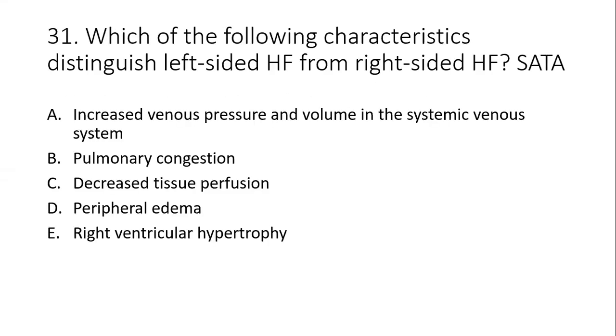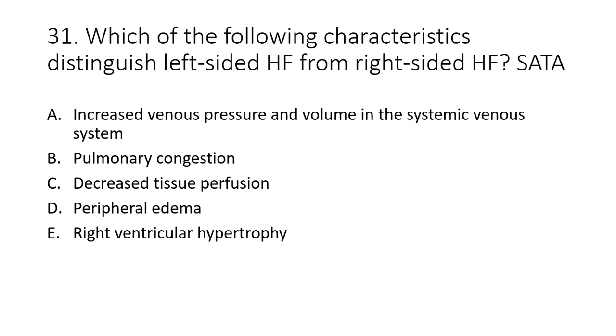Which of the following characteristics distinguish left sided heart failure from right sided heart failure? Select all that apply. So, we're really looking for the symptoms of left sided heart failure. What about increased venous pressure and volume in the systemic venous system? No, we'd see that with right sided. And then pulmonary congestion, yes.